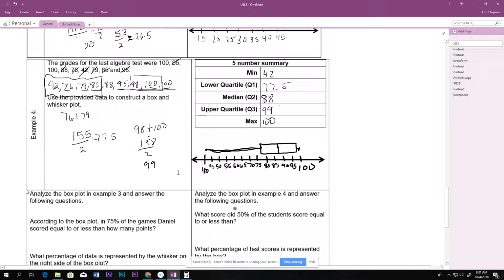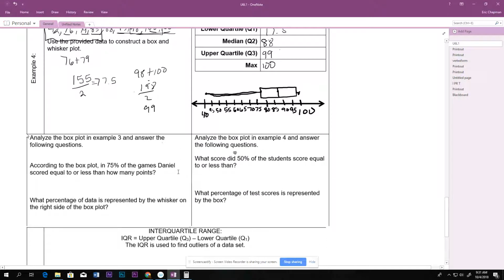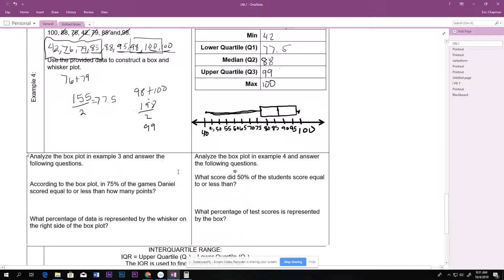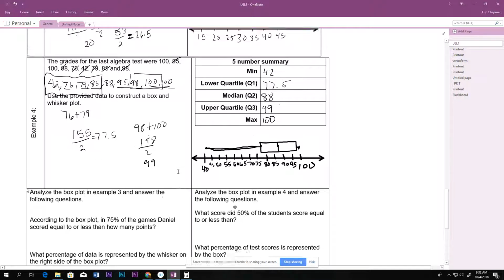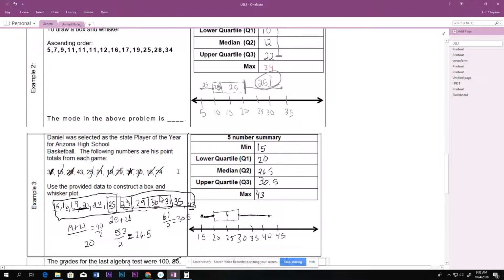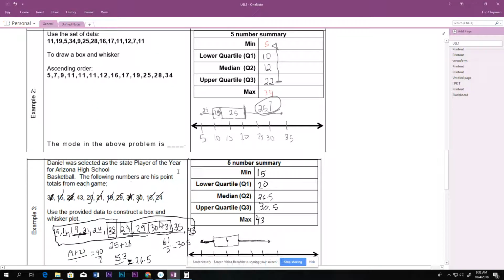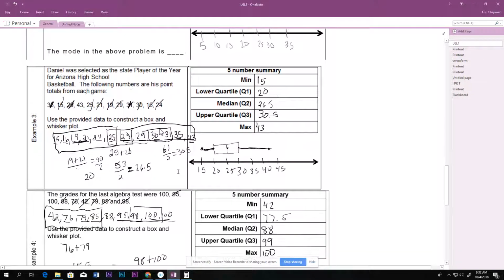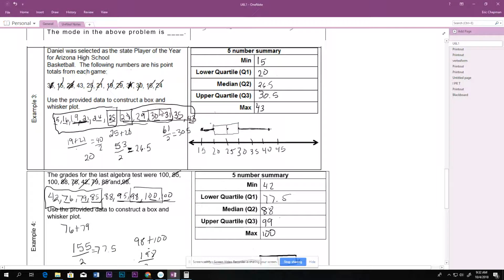Now let's answer these questions. According to the box plot, 75% of the games Daniel scored equal to or less than how many points? So less than something. We're going to start at the left. Each of these counts as 25: 25, 50, 75.